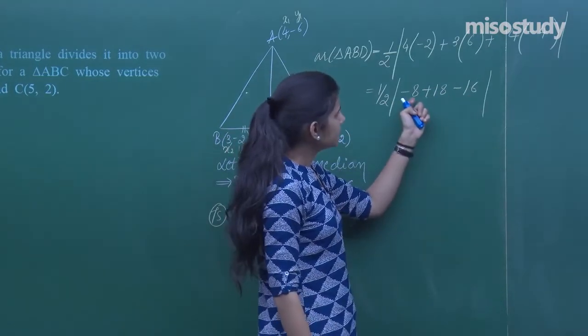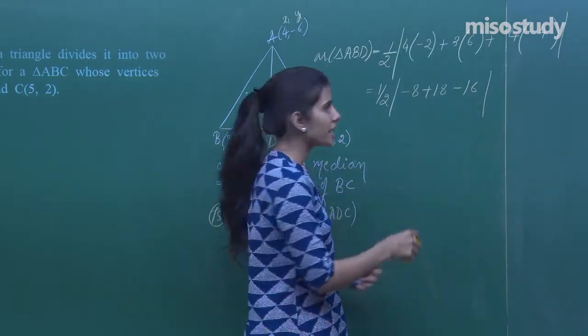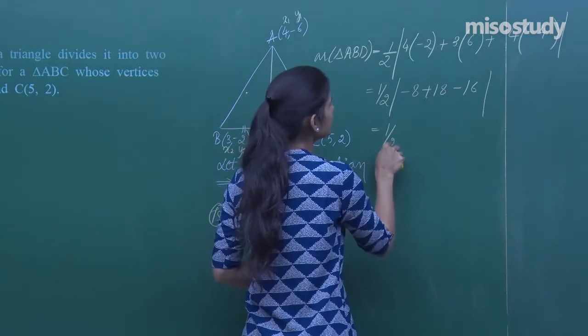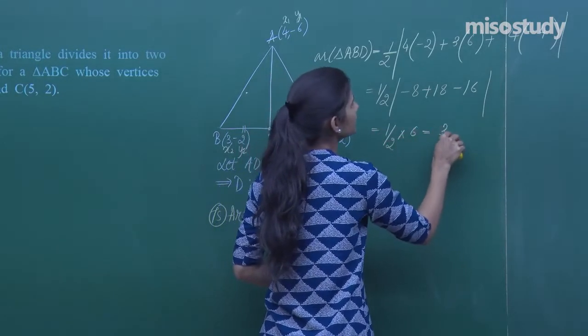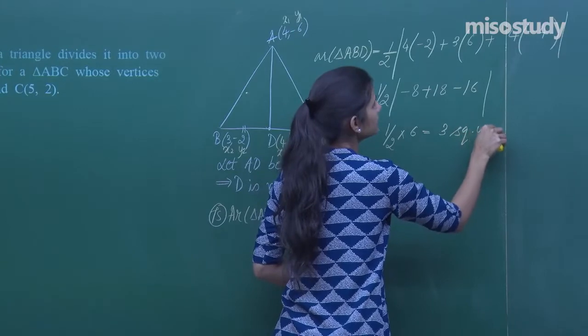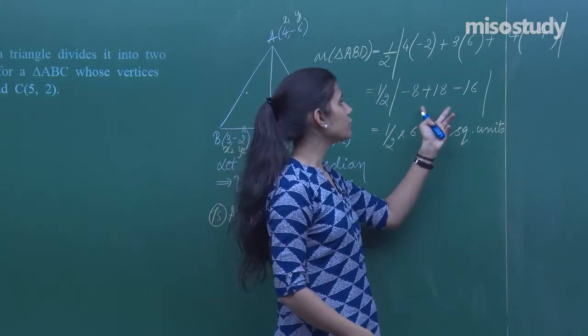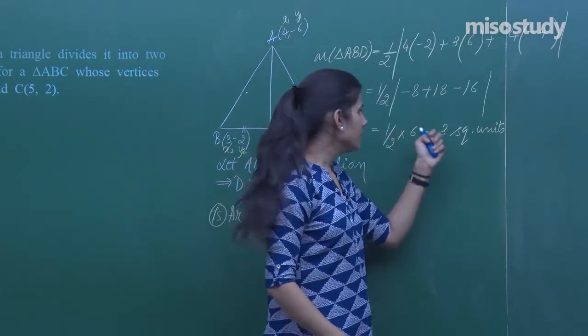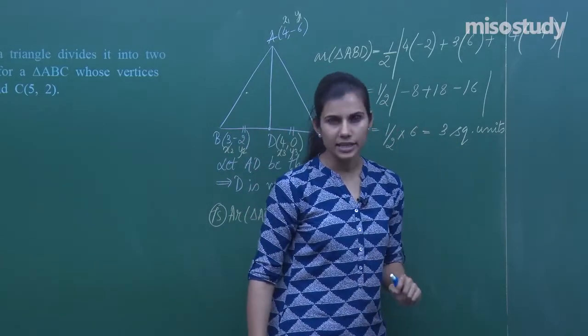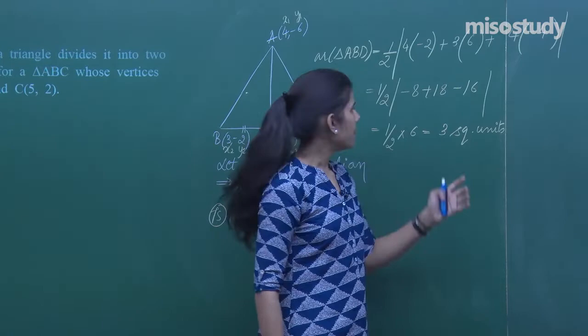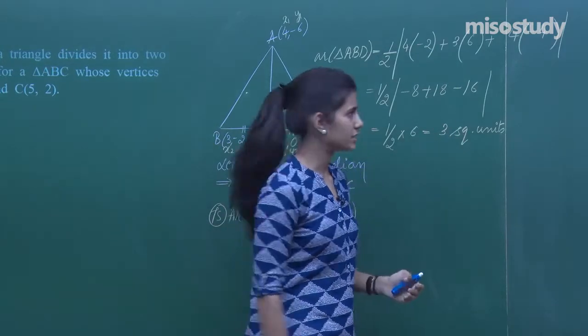This is 10, 10 minus 16 is minus 6, and mod of minus 6 is 6. So you get 3 square units as the area. It's very important to put mod. If you don't put mod, you will be getting minus 6 upon 2, that is minus 3 square units as the area, but area can never be negative. And that is why you have to put the mod sign.